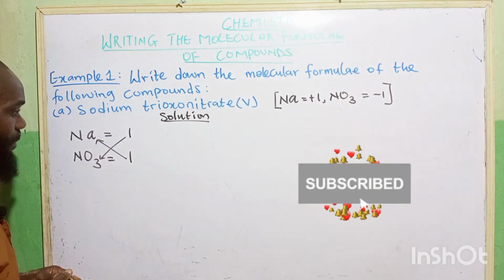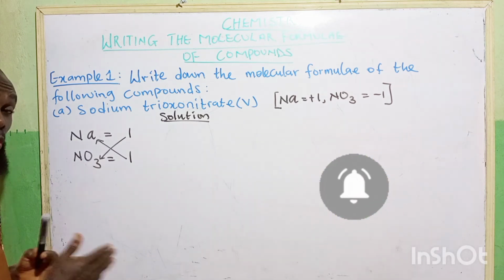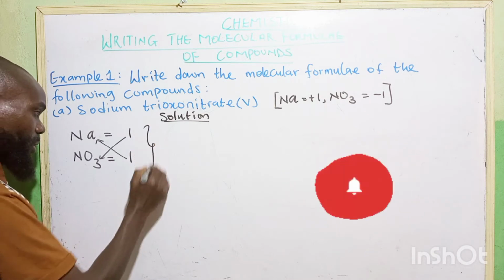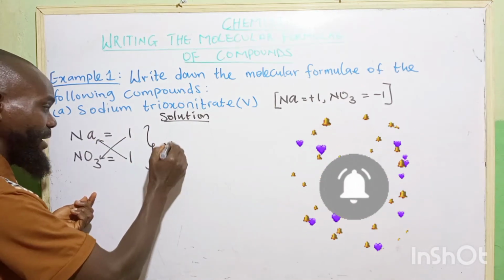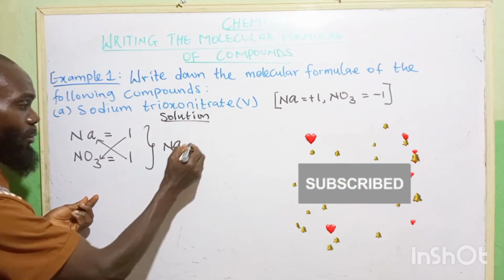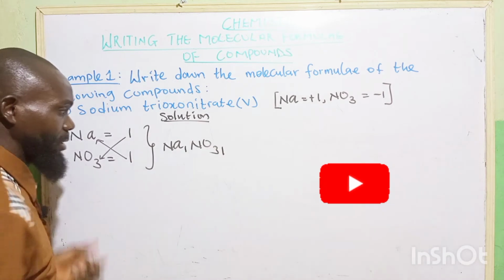Now, when you cross multiply, in writing the chemical compound, the positive one comes first before the negative one. So we have Na, so 1 is coming here, 1. Then we have NO3, and this one is coming here, 1.